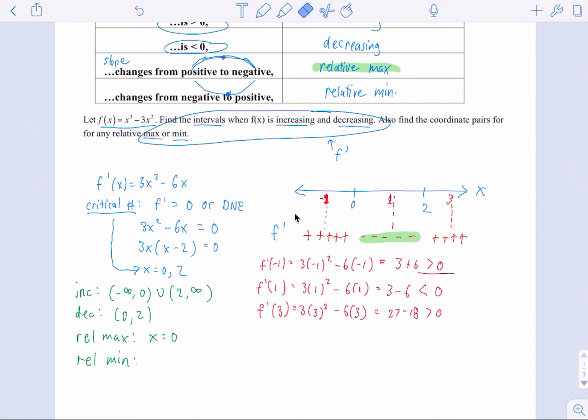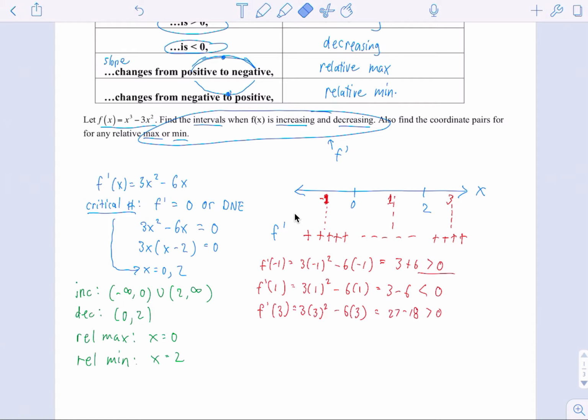Our relative min would be when the slope changes from negative to positive. So from negative to positive happens right here at x equals 2. Done with that.